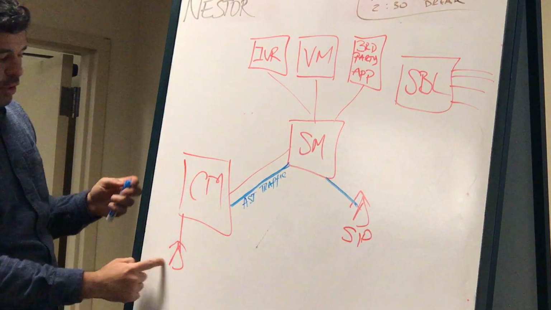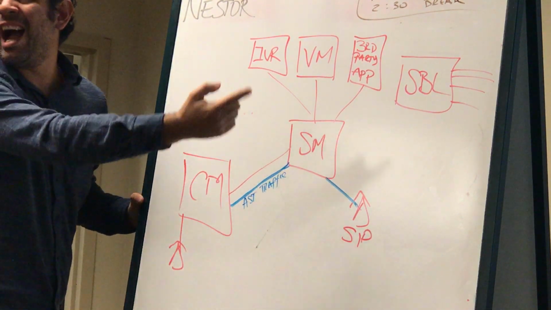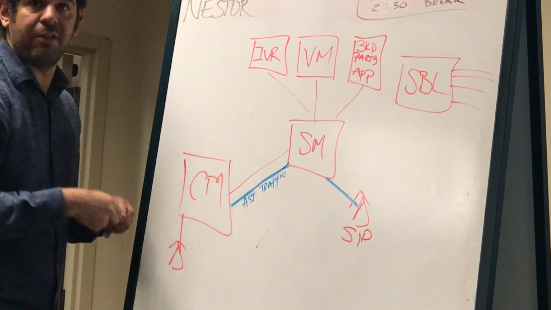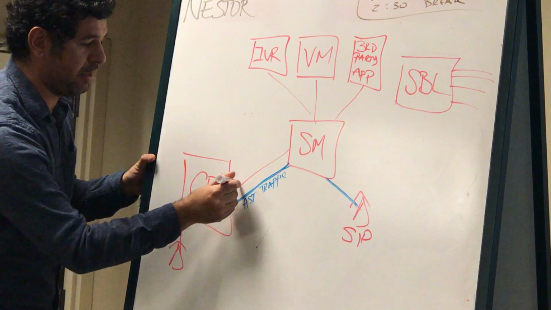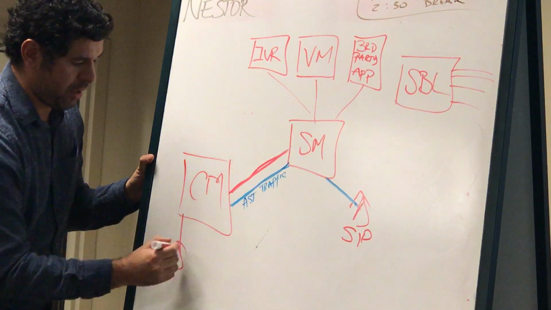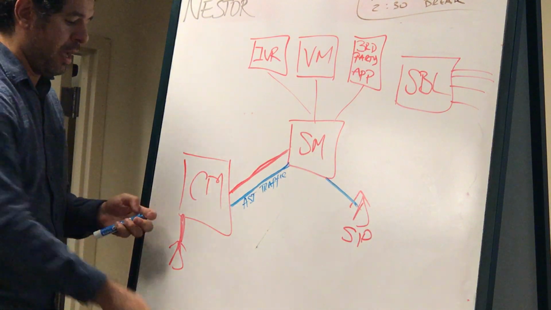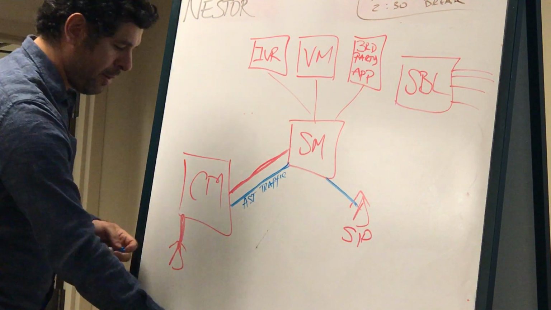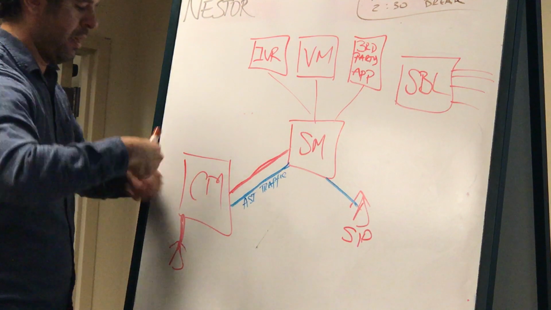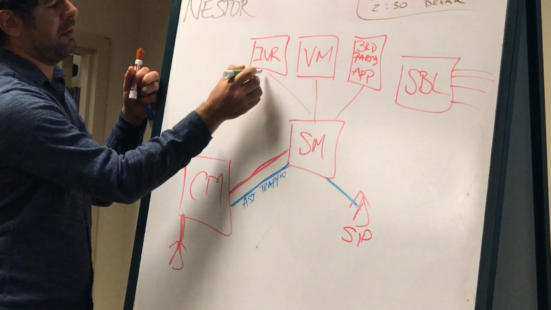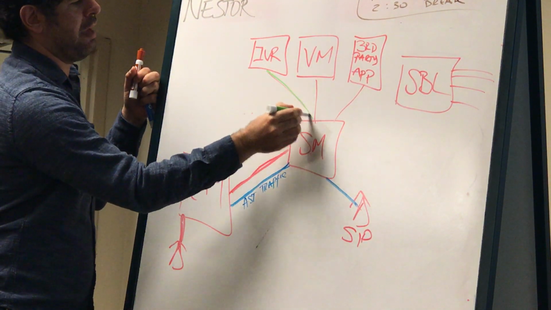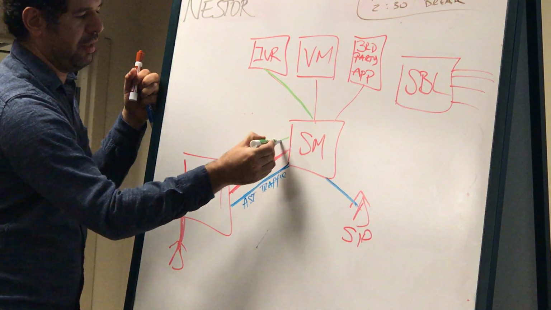Then maybe for these users in CM to dial out, you want to use a different SIP trunk, right? Say that this one here is for these guys to dial out from CM and go to Session Manager. Maybe the calls coming from the IVR will use a different SIP trunk.